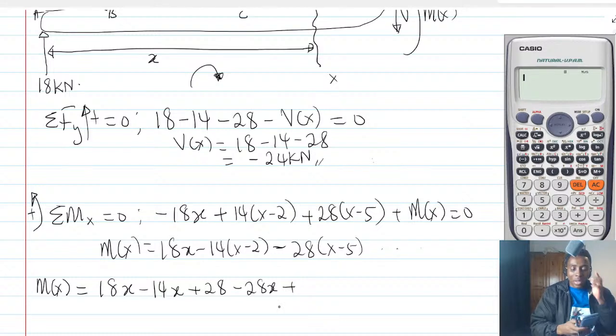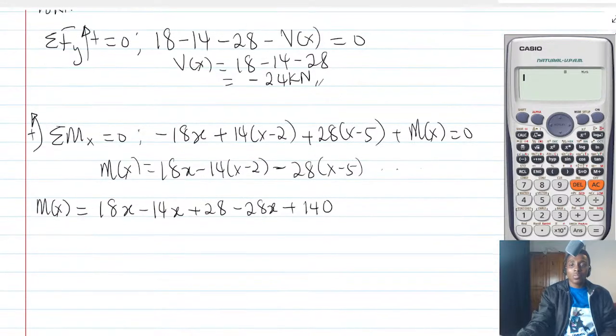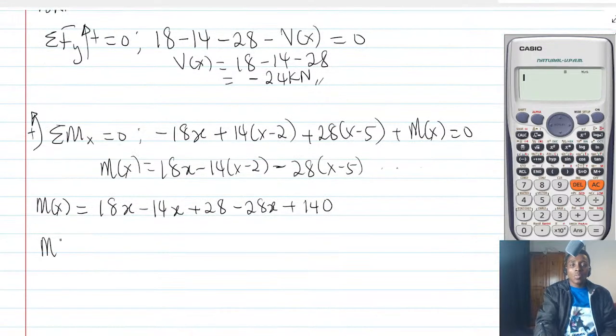What is that? That's 140, right? So 18x minus 14x minus 28x is minus 24x.